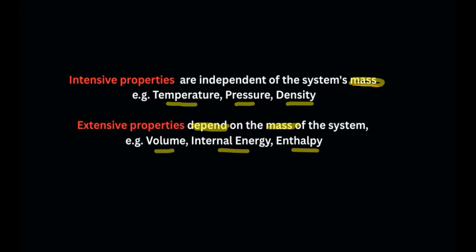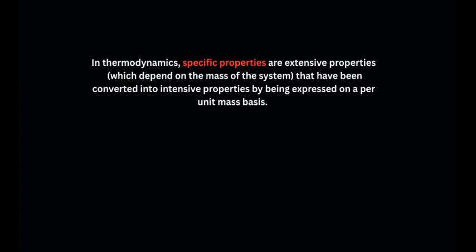So it is very difficult to analyze if things are constantly changing. So the scientists invented a new kind of property, the specific properties. When the extensive properties are divided by mass, they get converted into intensive properties.